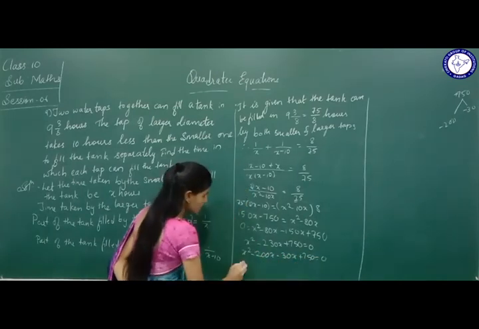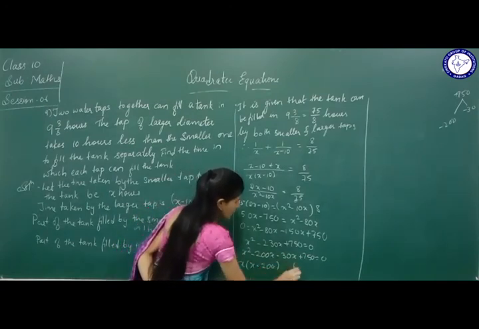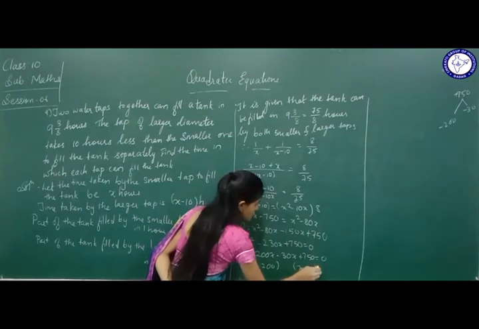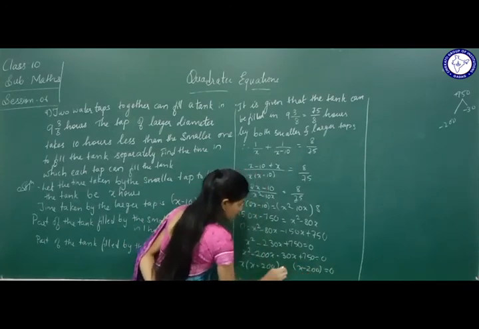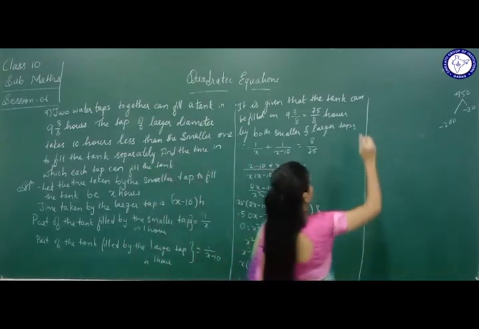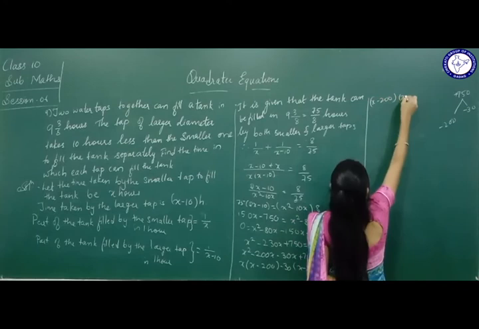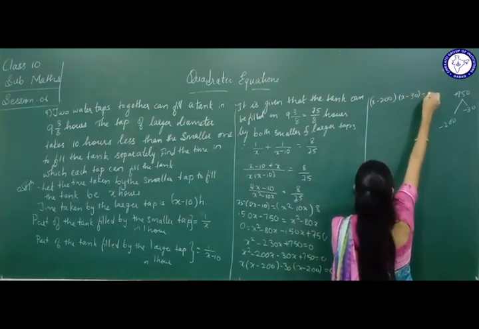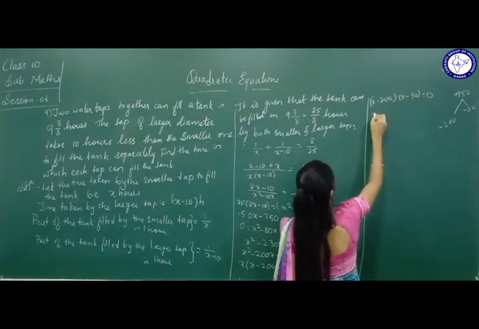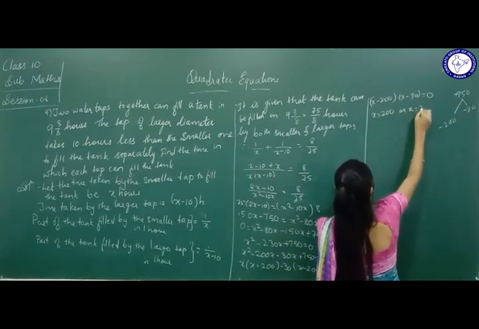Taking out the common terms, that is x into x minus 200, again we write x minus 200 is equal to 30, nothing but minus 30. Taking out common, we are left with x minus 200 into x minus 30 is equal to 0. It implies x is equal to 200 or x is equal to 30.